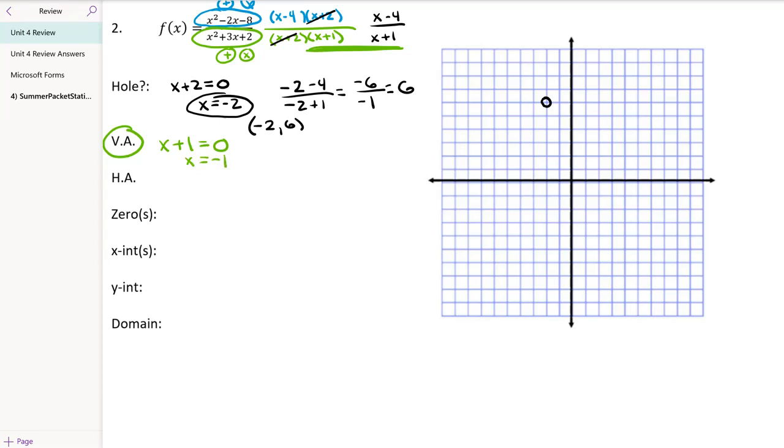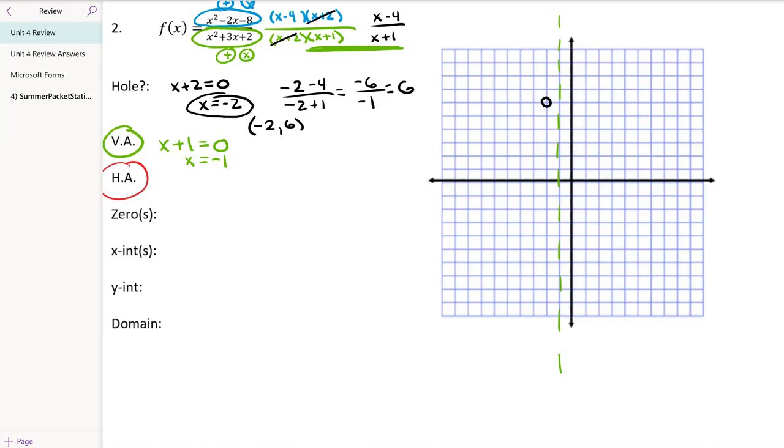Piece of cake. So x equals -1 is my vertical asymptote.